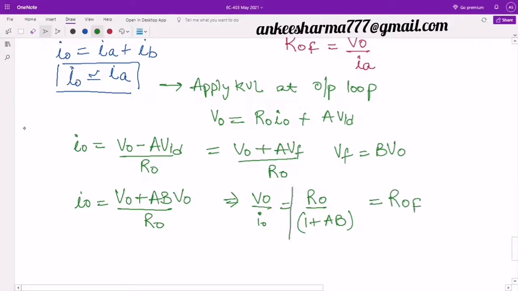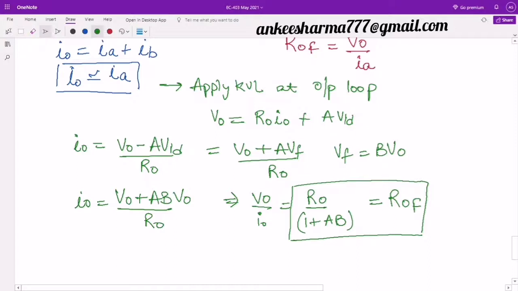So with the addition of this feedback, our output resistance is reduced by the factor 1 plus AB. The higher the values of A and B, the higher the denominator and the lesser the output resistance. It is again an important thing that in the voltage series configuration our output resistance decreases, which is again a benefit to us, right?